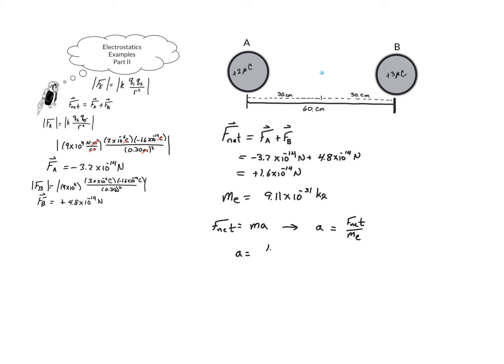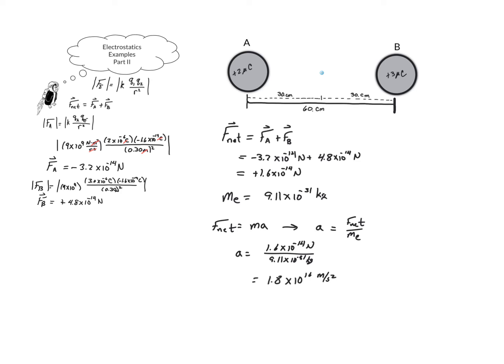So we have 1.6 times 10 to the minus 14 newtons all over 9.11 times 10 to the minus 31 kilograms, which gives us a surprisingly large acceleration of 1.8 times 10 to the 16 meters per second squared. If this surprises you, it's because a coulomb is actually an awful lot of charge, and electrons are very small, so they can be moved around pretty easily with electric fields.